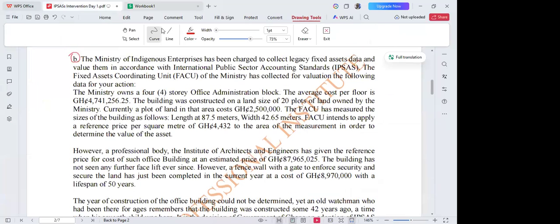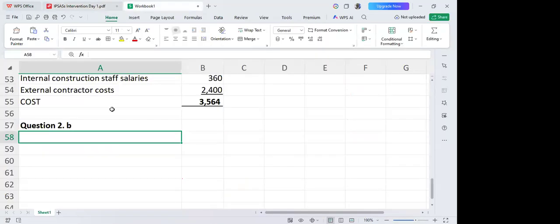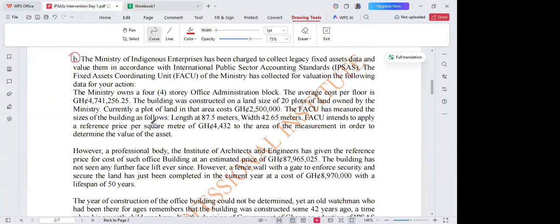Okay, so let's start with the land. How do we get the value of the land in this question? Yeah, Collins.